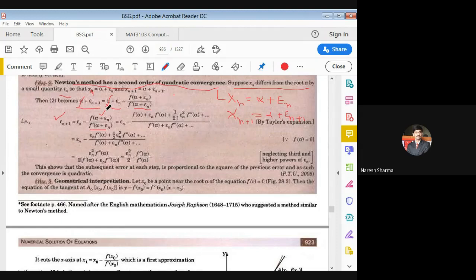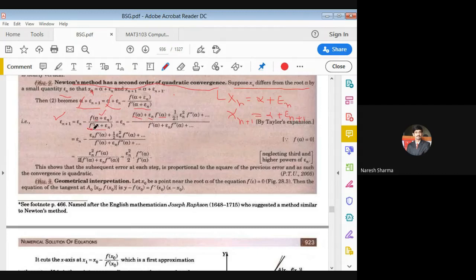So the Taylor series at this point is f alpha plus the change, that is epsilon n here, f dash alpha divided by 1 factorial, plus 1 by 2 factorial epsilon square f double dash alpha, and so on up to infinity, divided by the numerator part.